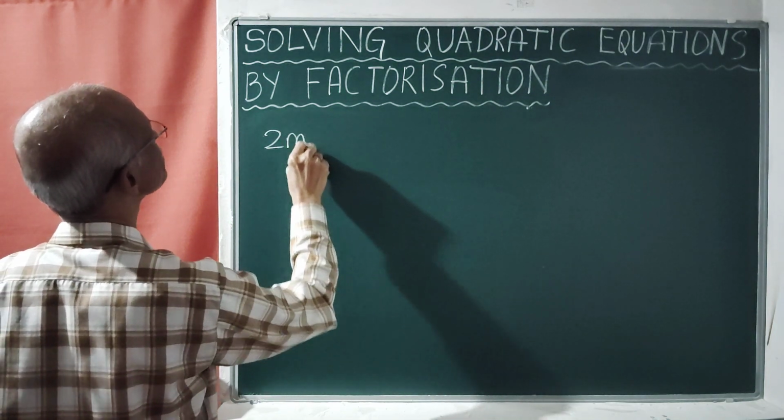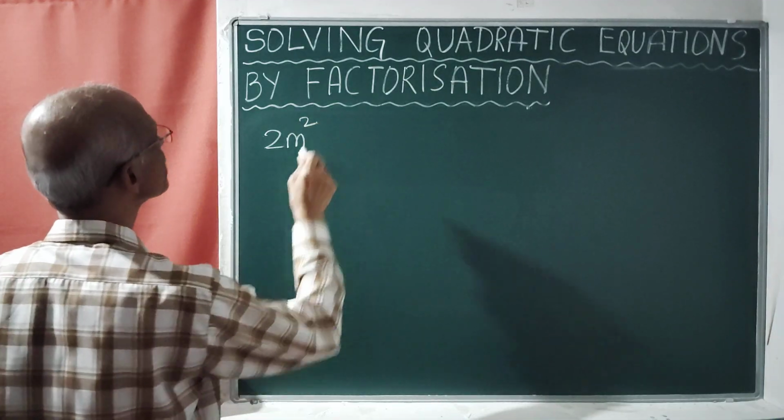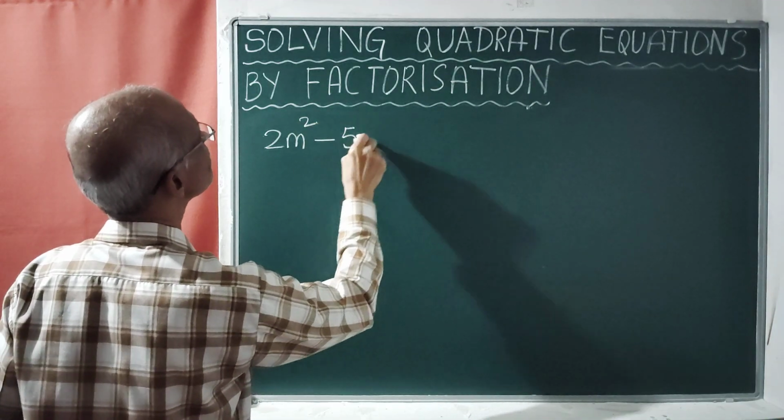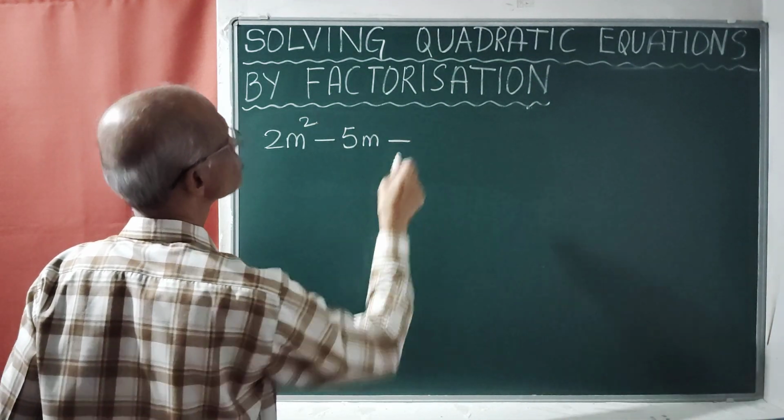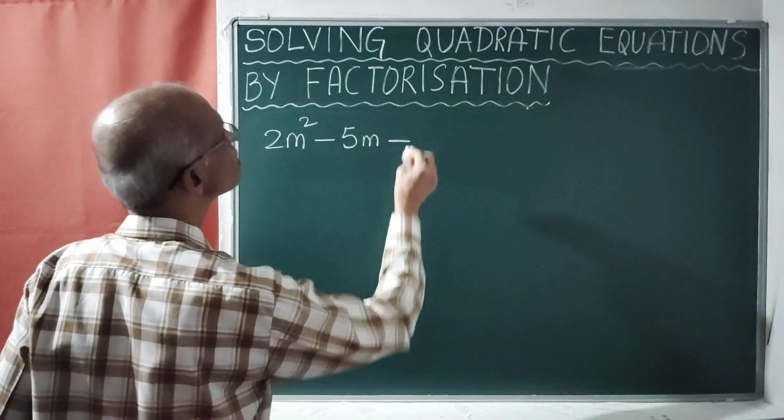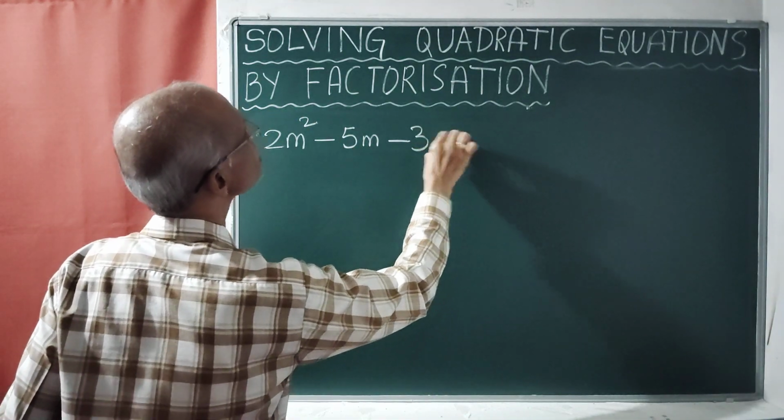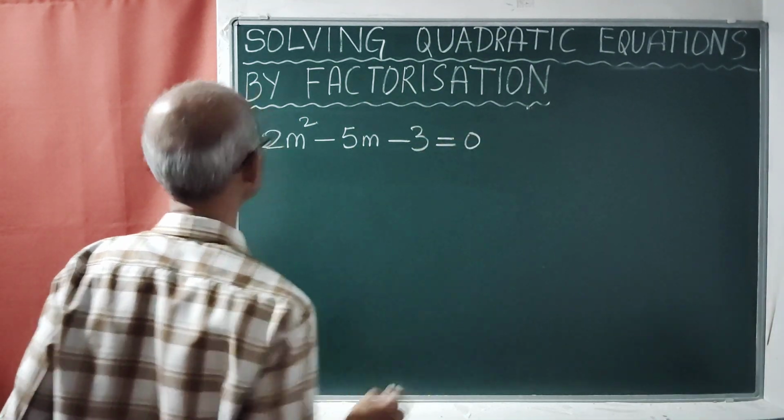2m square minus 5m minus 3 is equal to 0.